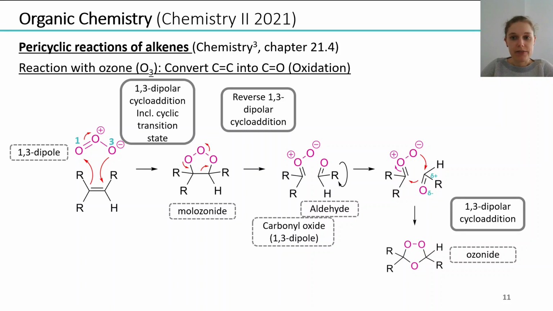Then we have another step, and in this step, the carbonyl oxide will react with the carbon-oxygen bond of the aldehyde in a second 1,3 dipolar cycloaddition reaction in order to form an ozonide. However, this reaction can only proceed if the aldehyde flips so that the negatively charged oxygen of the carbonyl oxide can easily attack the partially positive charged carbon in the carbonyl bond.